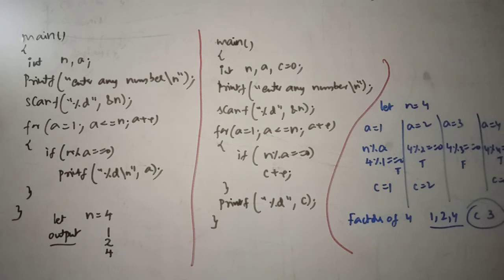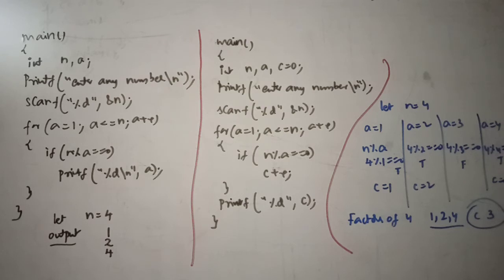So, if your n is 4, input is 4, n mod a: 4 divided by 1, 4 divided by 2, 4 divided by 3 and 4 divided by 4. You are dividing 4 by 1 to that particular number, so 1 to 4. If the condition is true, you are printing a value. And this is to find the factors of any number.